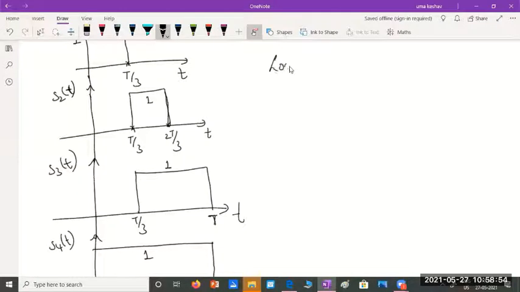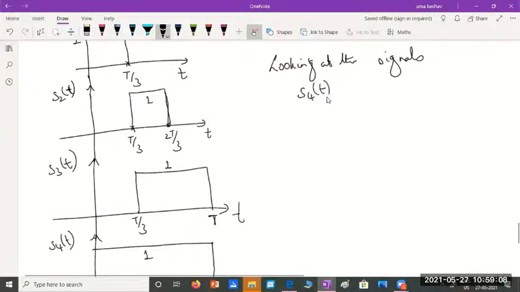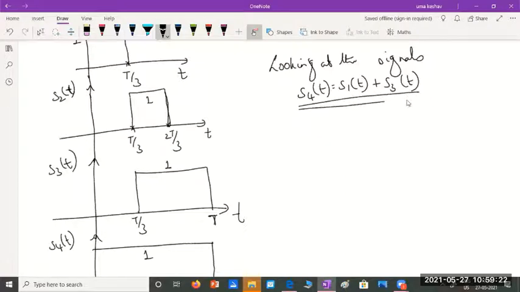It would be good if you unmute and answer. Yes, S4 can be represented as S1 plus S3, right? So only S4 is a dependent signal, and nothing else can be expressed as a sum of others.